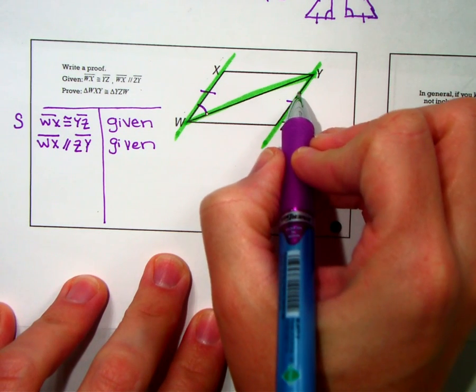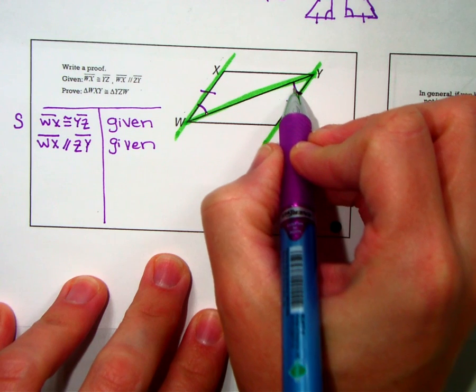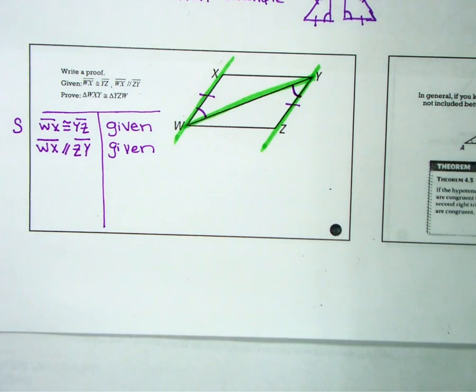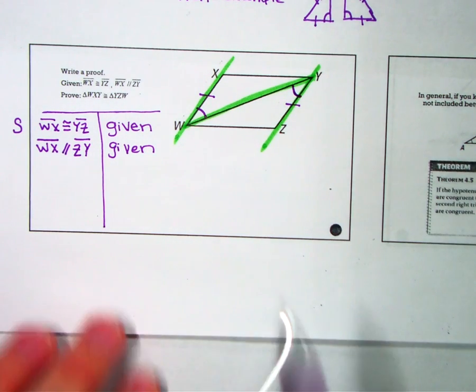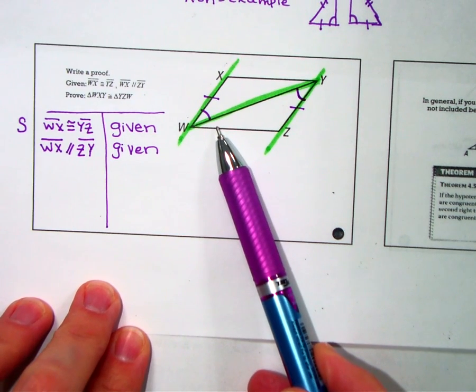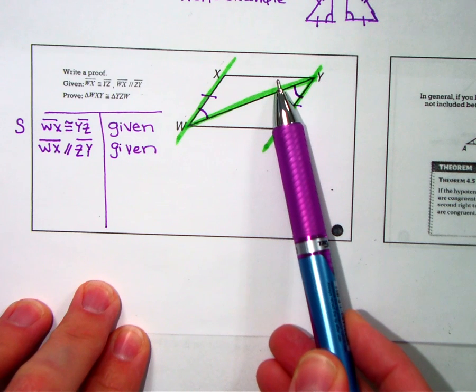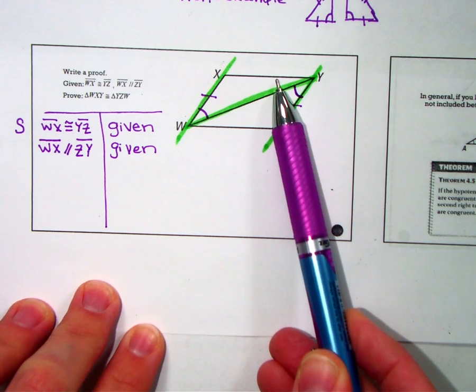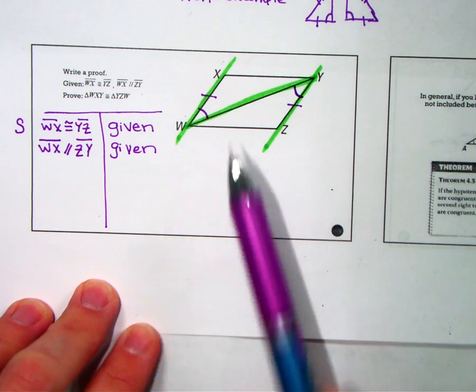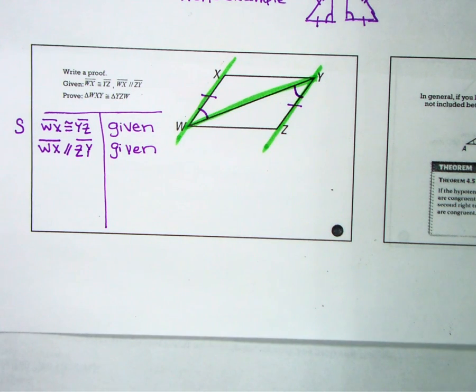And from the parallel line to the transversal, that's your other one. You might want to say that this angle down here is congruent to this angle up here. Those are not congruent because they don't have anything to do with the parallel lines that you were given.